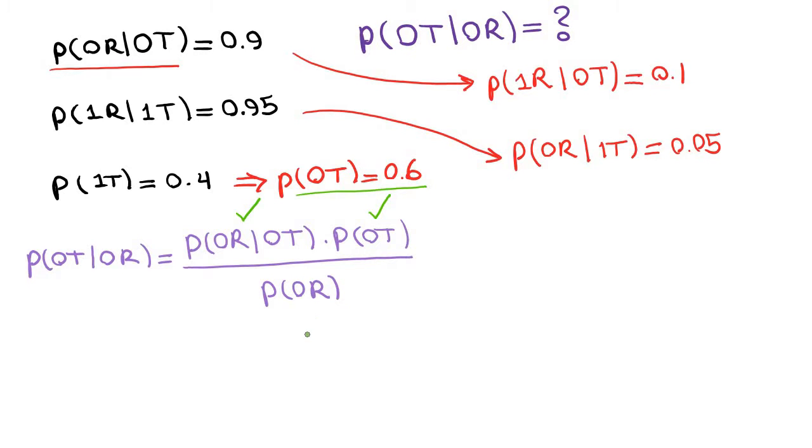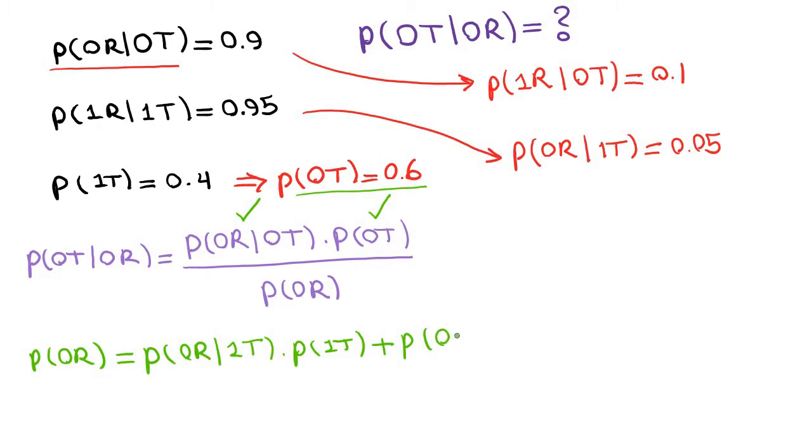How could I calculate probability of 0r? Probability of 0r equals probability of 0r given 1 transmitted times probability of transmitted 1, plus probability of 0r given 0t times probability of 0t, using total probability.